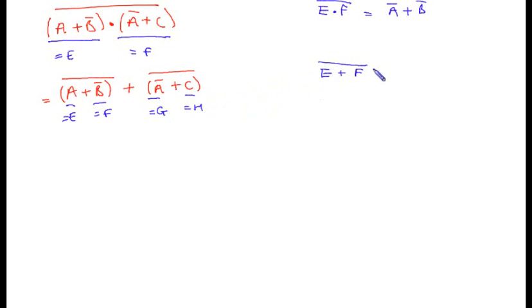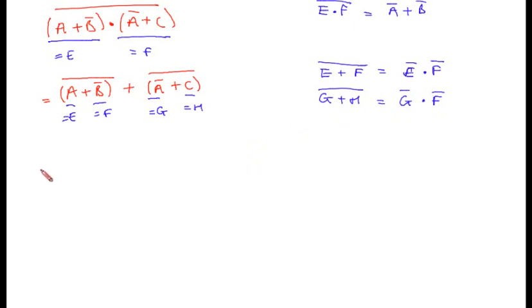Well, this looks like De Morgan's second theorem, and this can be equated to not E and not F. So we can apply that to this one, and similarly for the G and H terms, G or H, all inverted, is equivalent to not G and not H.